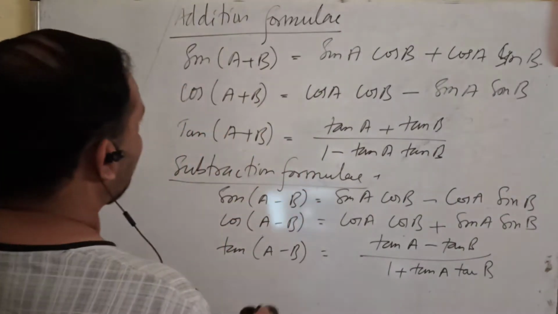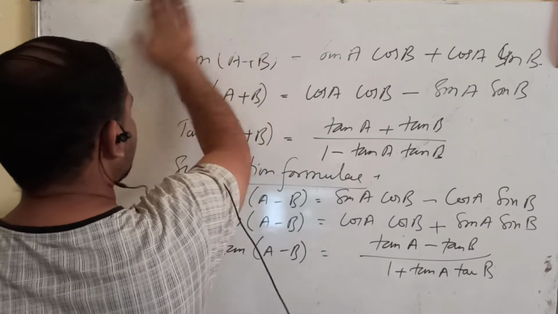Now we have the formulas for sum and difference of trigonometric ratios.